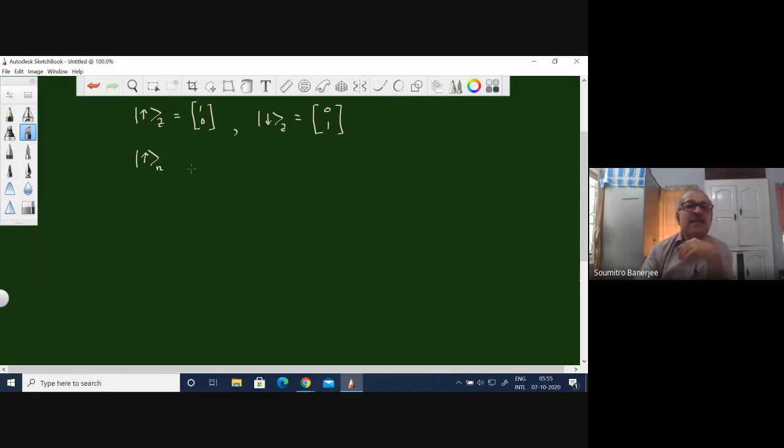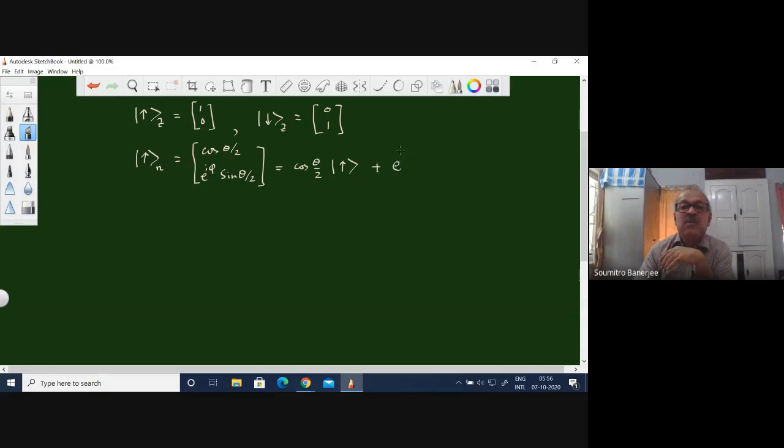And we have already seen that the state vector, the up vector in the arbitrary angle n, can be written as cos theta by 2, and this is e to the power i phi sine theta by 2. We have seen that already. And this can be written in terms of these guys as, say, cos theta by 2 times up z. If I do not put a subscript, it essentially means that it is up z.